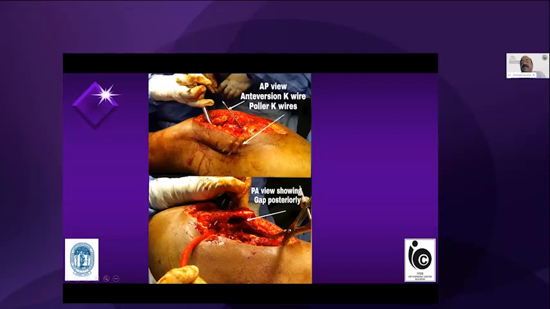Since I was operating in a lateral position on a simple table, this K-wire gives me the direction of the neck, so that if I keep my jig parallel to this, neck interlocking with the neck screw will be easier without much radiation. So I passed this anti-version guide wire in the anterior part of the neck, and two K-wires lateral to the entry site in the proximal fragment.